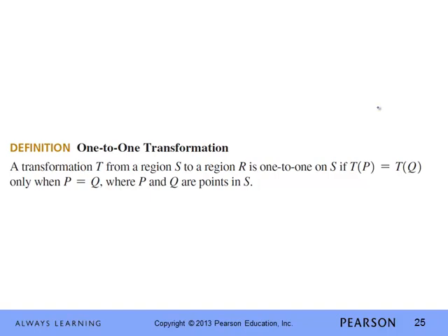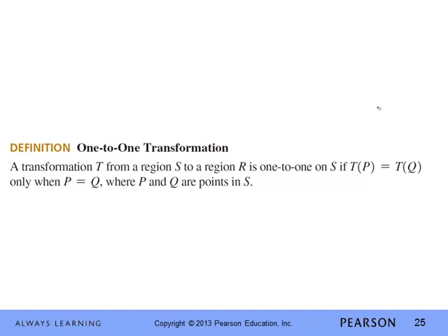Now in mathematics, how we prove one-to-oneness is we assume that you have two items in the domain that are exactly equal, and we would have to say that if two items are the same from the domain, that means the two items will be the same in the range.